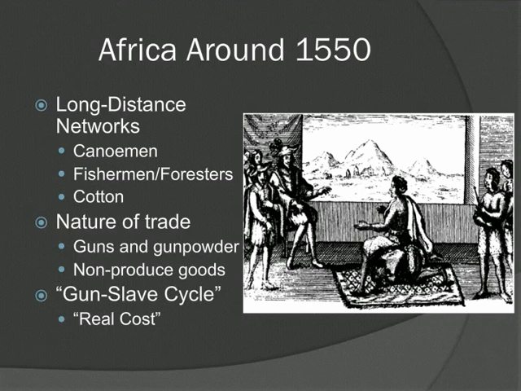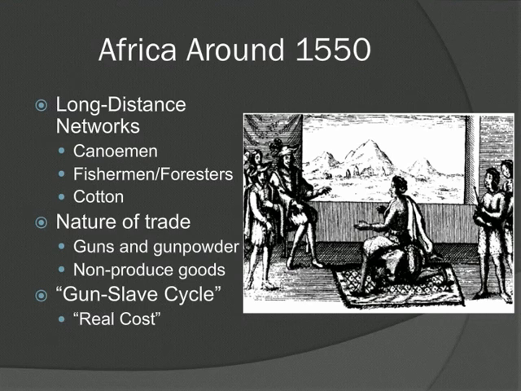But the whole idea is that you're trading guns for slaves. Your competitor is going to need more guns, so they're going to trade for more guns, and then you're going to have to get more guns. And so Africa became a continent that was trading everything it had for guns, and it was a very heavily armed continent.